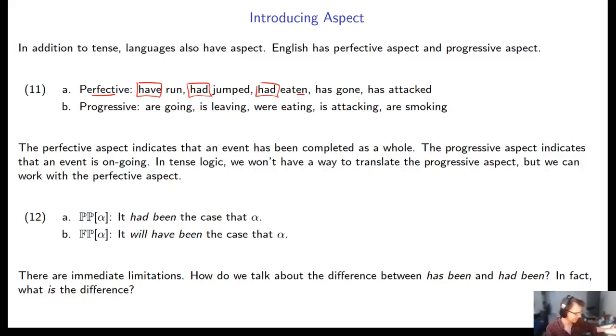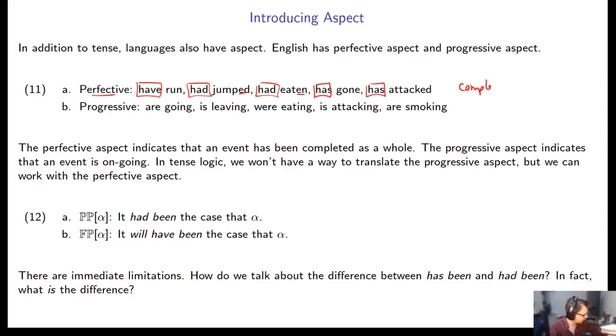So usually you get like this en suffix or the ed suffix afterwards. Has gone. So went would be the regular past of go, and then gone is the perfect form. So has attacked as well. So these are for completed actions.